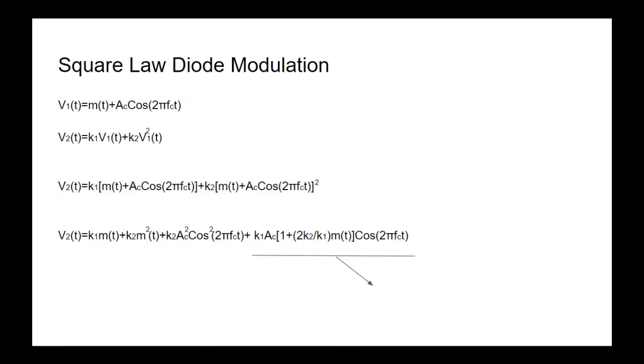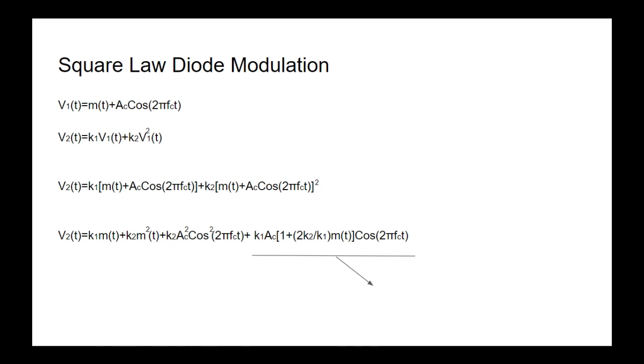Let's understand the working of square law diode modulation through mathematical equations. In the block diagram, V1 is equal to m(t) plus Ac cos 2πfct, and V2 is equal to K1 V1(t) plus K2 V1 square (t).